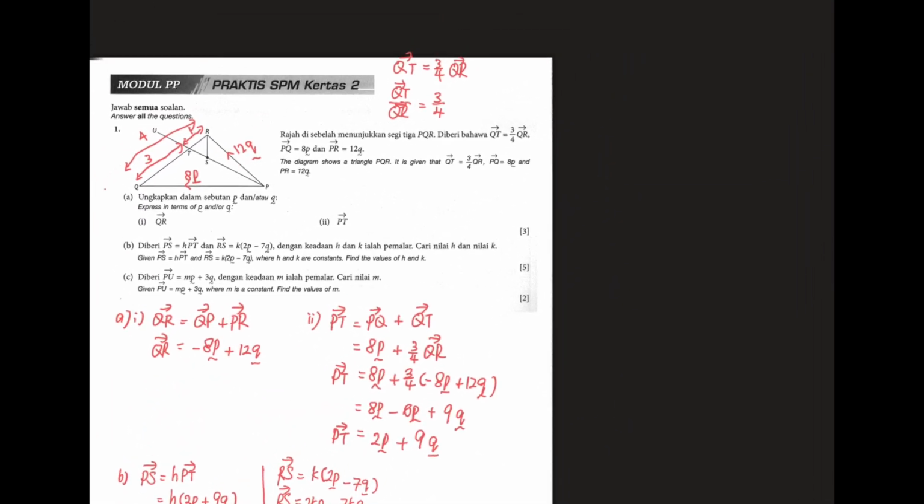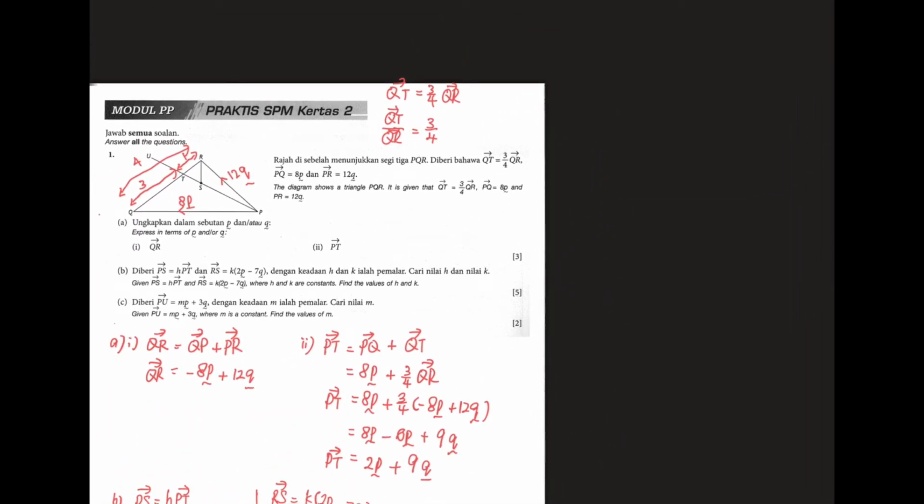So let's say I do part C here so that I can look at the picture at the same time. If PTU are collinear, collinear means these 3 points are on the same straight line, then we can use this formula.